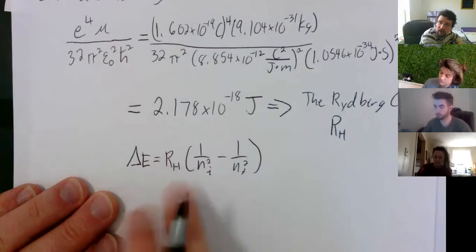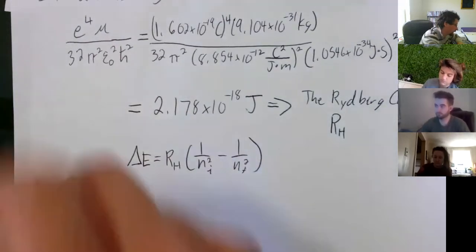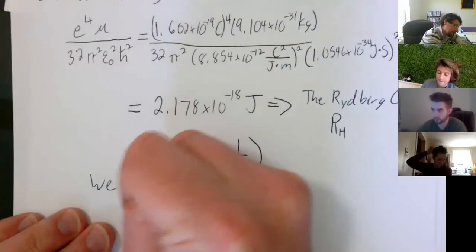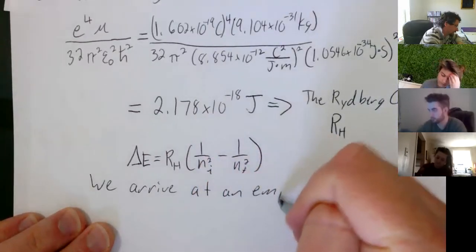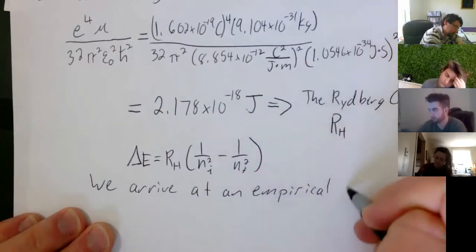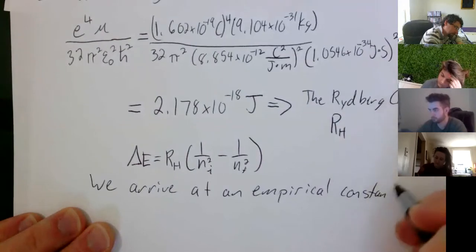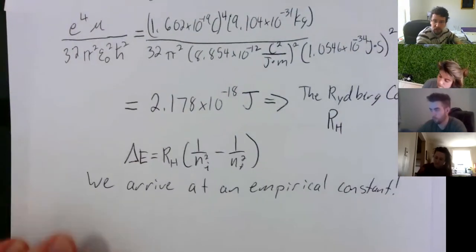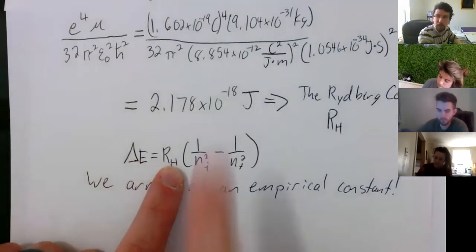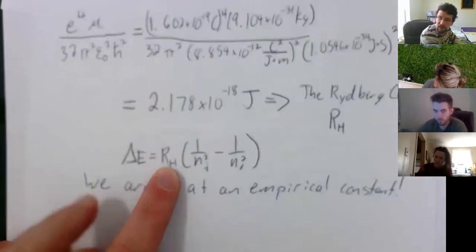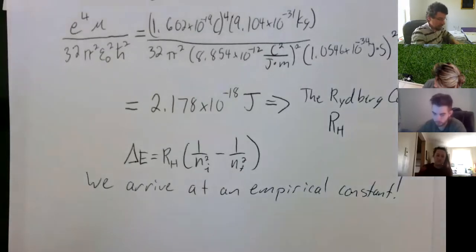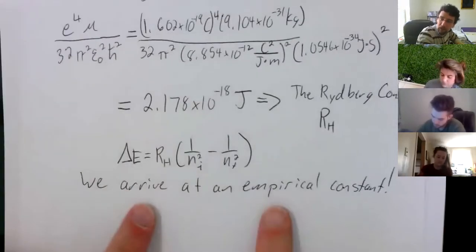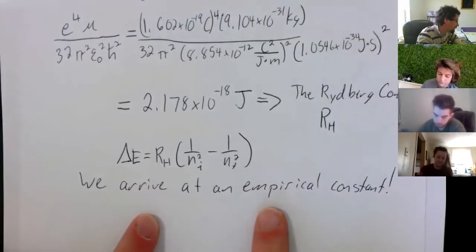But what we have done is we've determined it theoretically, from first principles, also called ab initio. And we have arrived at something that we can experimentally measure, which is pretty cool.